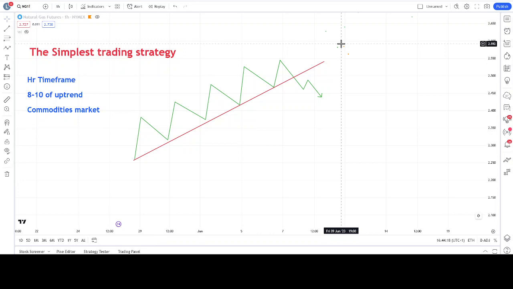Most of the time, when we notice strategies as simple and as basic as these, we actually try to overlook them. I've seen most traders trying to look for different indicators and different chart patterns, the harmonics, oscillators, and whatnot they put on the chart.